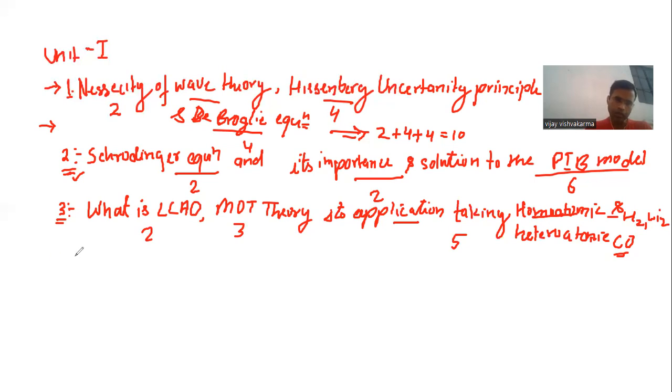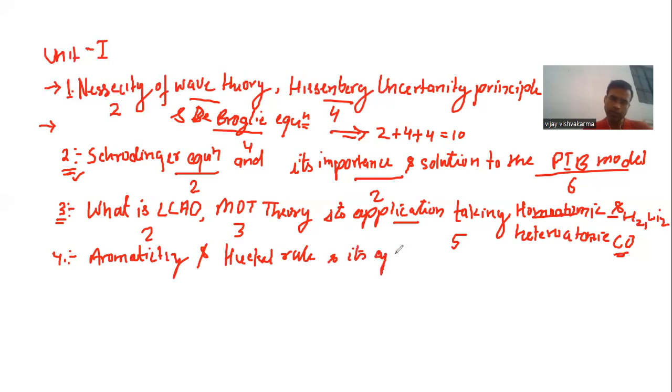Now, the fourth important question from unit first will be aromaticity and Huckel rule and its application to ethene.